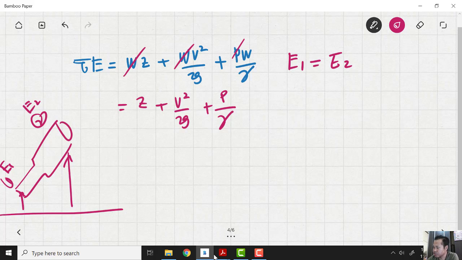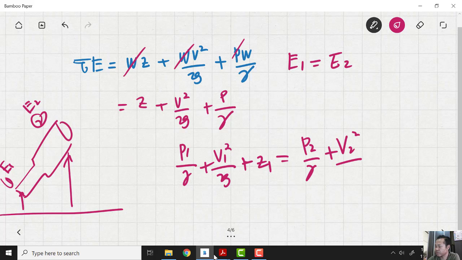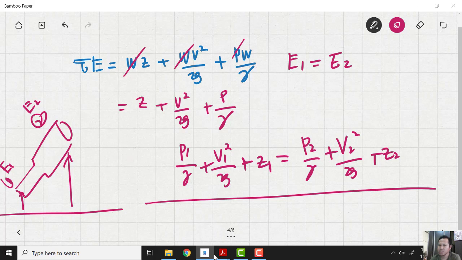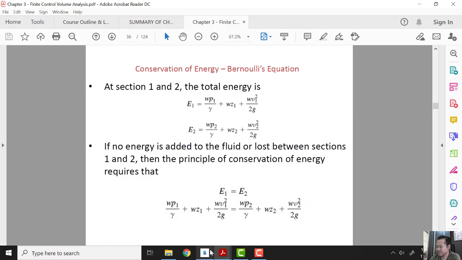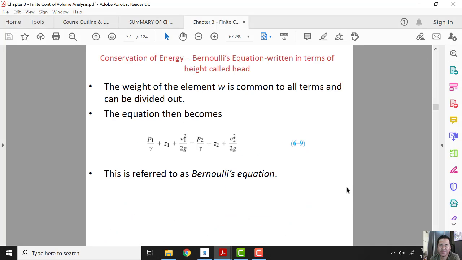So we write the equation: P1 over gamma plus V1 square over 2G plus Z1 equal to P2 over gamma plus V2 square over 2G plus Z2. This is referred to as the Bernoulli equation.